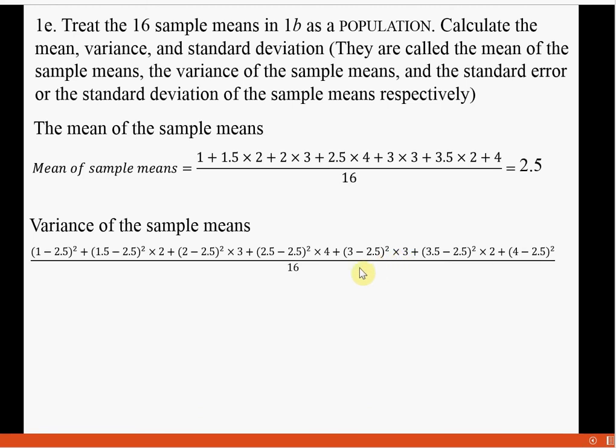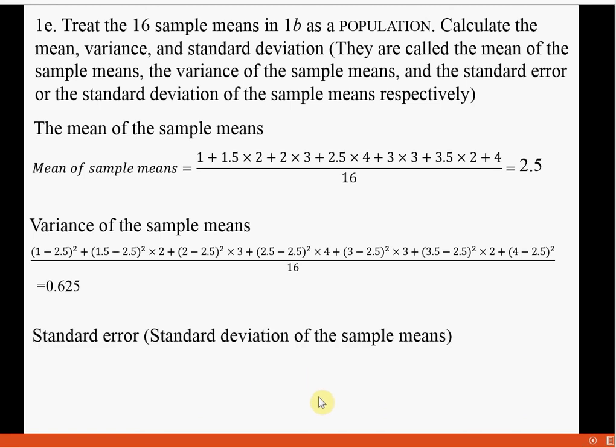You complete this calculation, you can do this at home, and you should get a number very close to 0.625, and this is the variance of the sample means. And the standard deviation of the sample means, or alternatively, we can call it the standard error of the sample mean, which is the same thing as the standard deviation of the sample means.